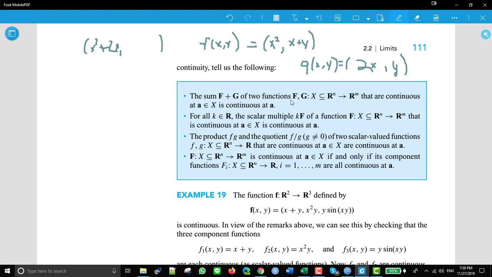So if we know the component functions and we show that they're all continuous, that means f is continuous. For example, here's a function from R2 to R3. The input is R2, but the output has three component functions. Now, we haven't been talking much about sign, but nonetheless we have three component functions. If we can show that each of the component functions is continuous, then we will have shown that f itself is continuous.